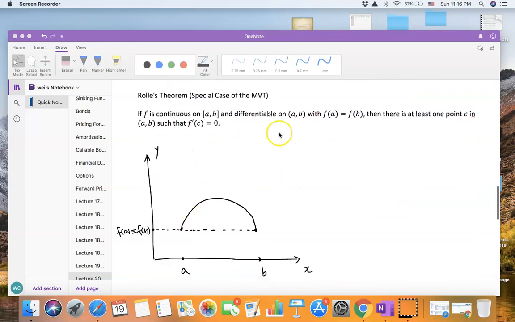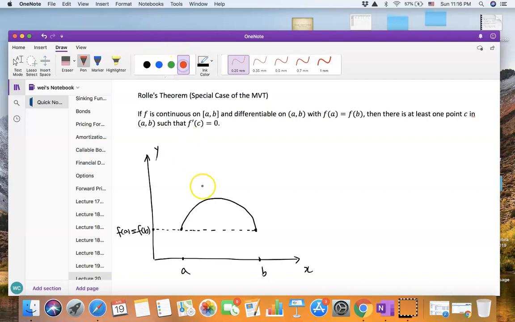Now, if the function values are the same at the endpoints, that means when I connect these two points, the secant line I will get will be a horizontal line.